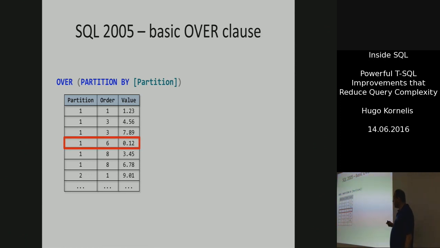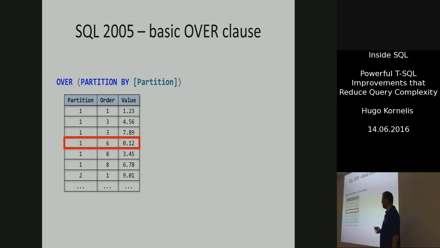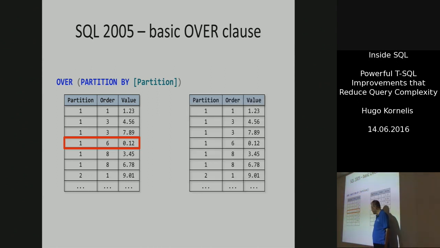So we're doing an aggregation, and for that aggregation we add OVER (PARTITION BY the column named partition). While processing the query, SQL Server is looking at this specific row. And the OVER clause gives it access to the result set.